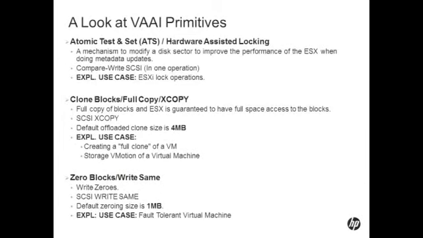So now locking is done at the block level and not at the LUN level. Because of this, the other significant change ATS brings is that it significantly reduces the amount of SCSI commands required to acquire an on-disk lock. So it significantly saves a lot of SCSI reservation conflicts.